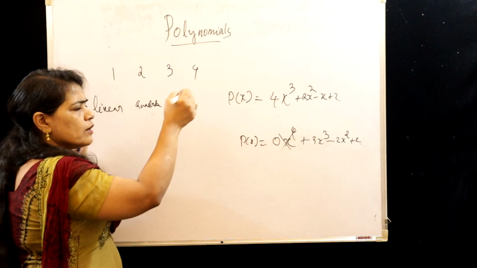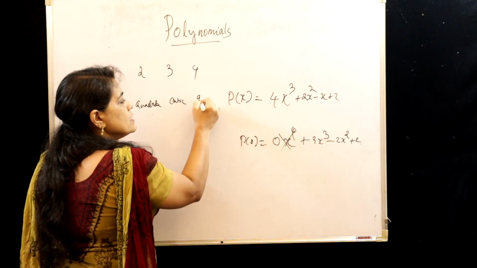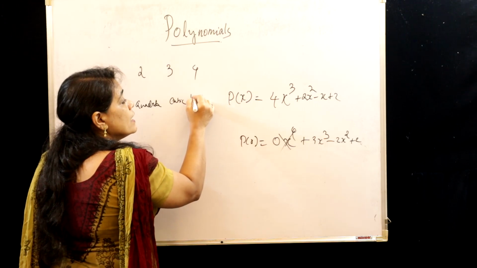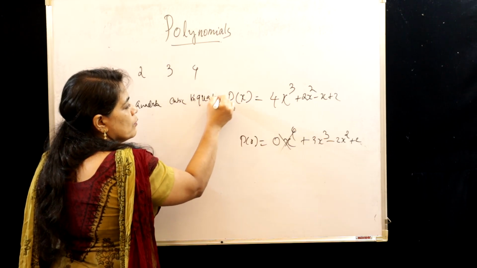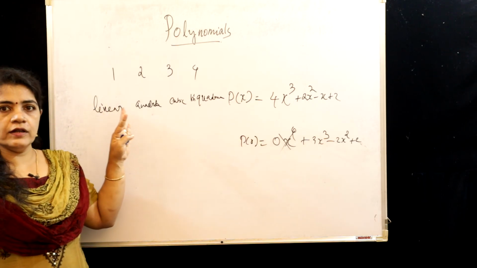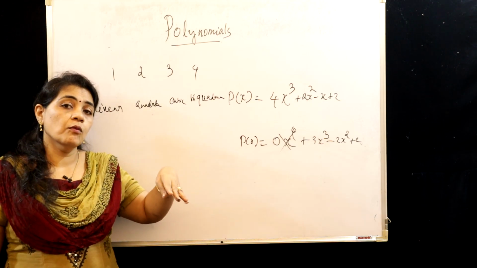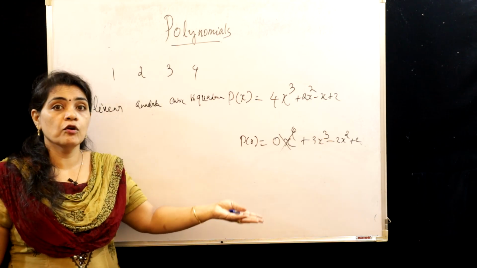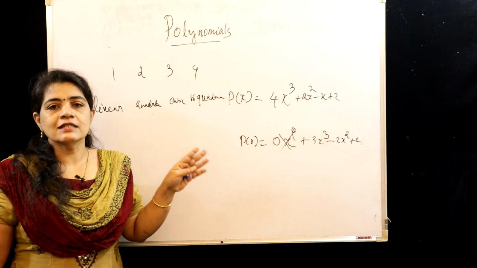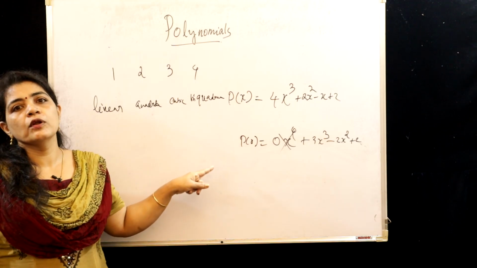The fourth degree we are not considering much this year, and that is what we call a biquadratic polynomial. We can classify polynomials by the number of terms: monomial, binomial, trinomial, and polynomials with more terms. In the same way, based on degree, we have these different types.